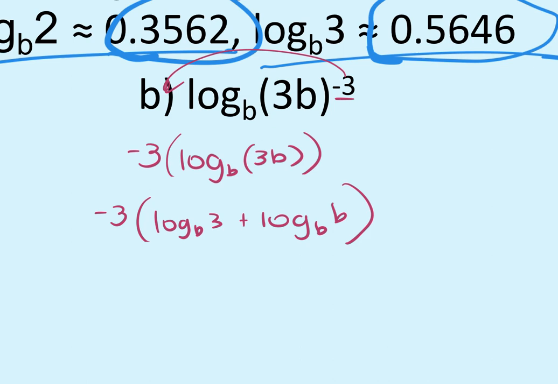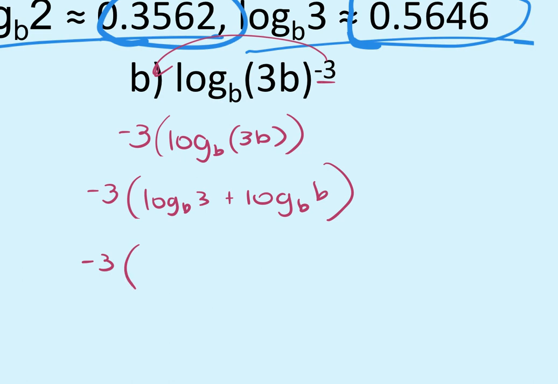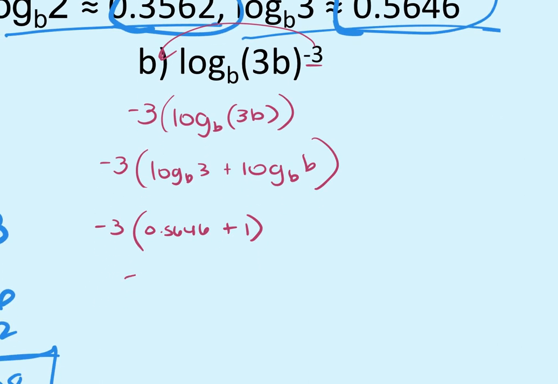With me so far? What is log base b of 3? 0.5646. Good. And what is log base b of b? Good. So then I get -3 times 1.5646, and I literally multiply that out.